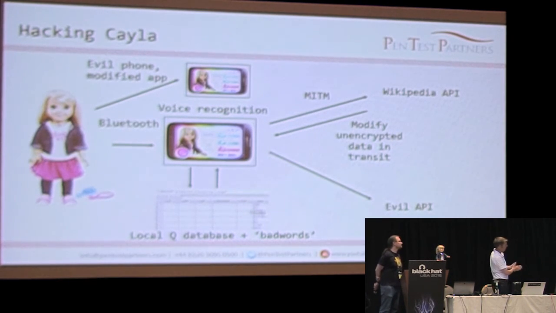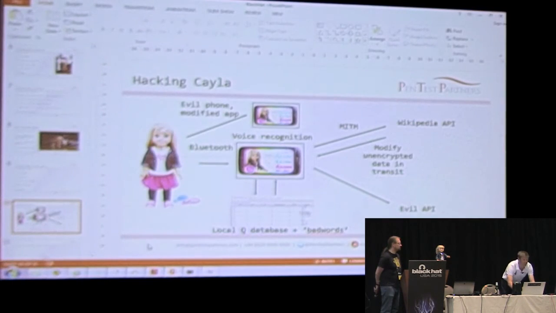Now, she has a local database, which we've got there, and also a database of bad words. So, if the child swears at the doll, she basically ignores it. If she retrieves something from Wikipedia that's got swearing in or words she doesn't like, she won't say it. So we're up against a little bit of a challenge right now, because if we wanted to swear, she's got these filters, how do we get around it? Well, what we found was there was actually a local database. When I said the swearing in this presentation, I meant it.